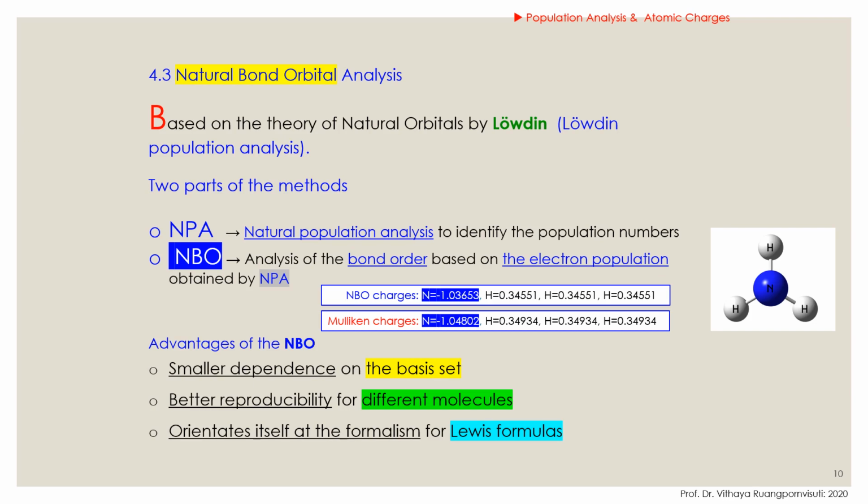The first is the small dependence on the basis set. The second is better reproducibility for different molecules. The third advantage is the orientation itself as the formalism for Lewis formulas.